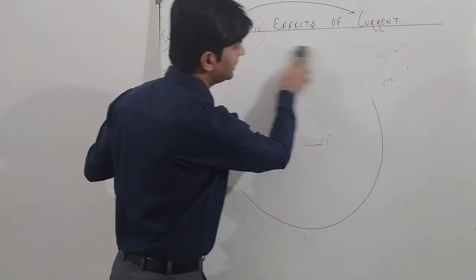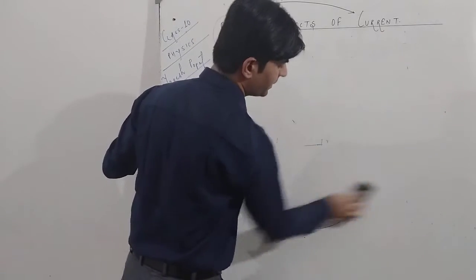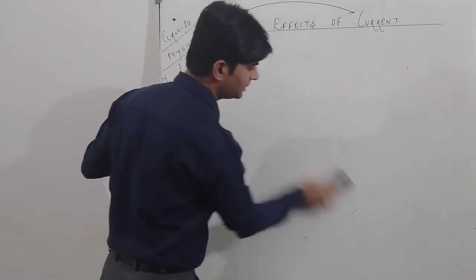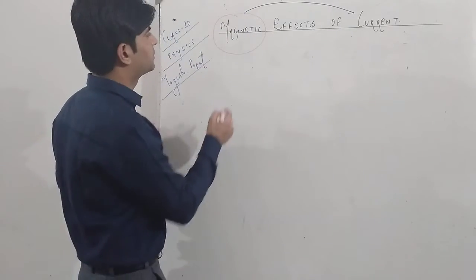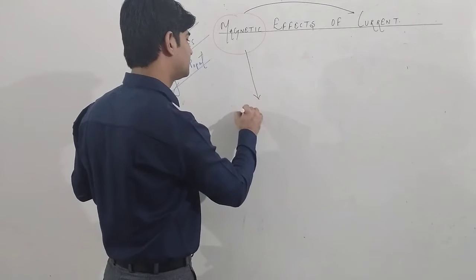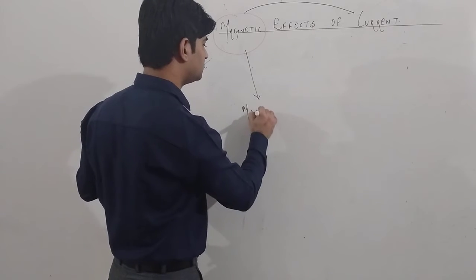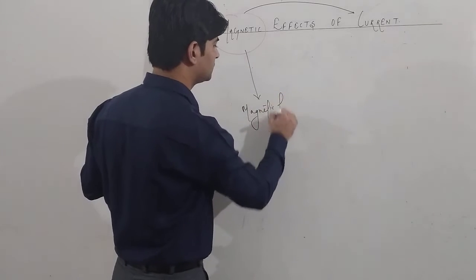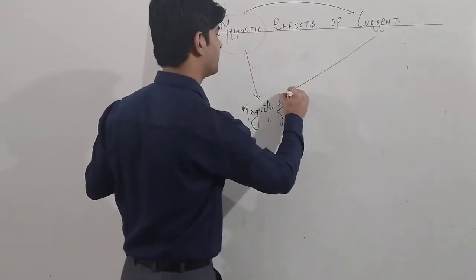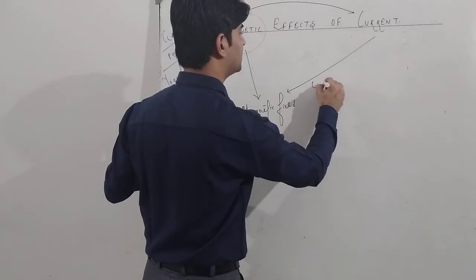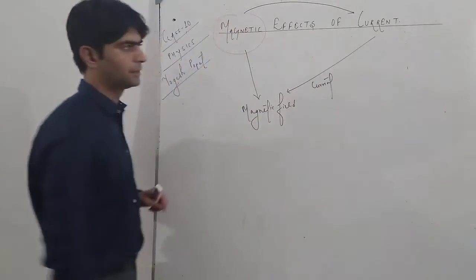Now, coming to the magnetic effects of current, the name suggests that something is related to magnetism. And if we talk about electric current, in this chapter we are going to discuss the production of magnetic field with the help of electric current.